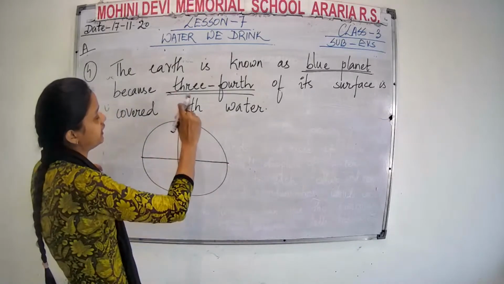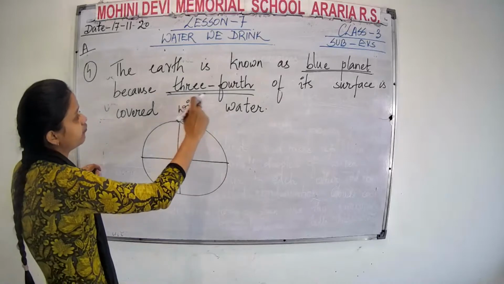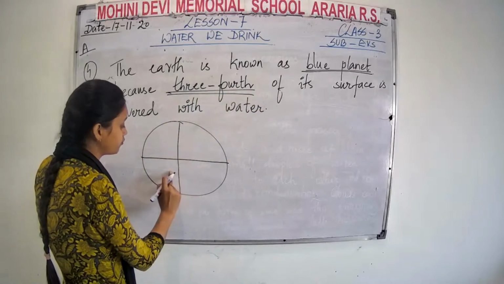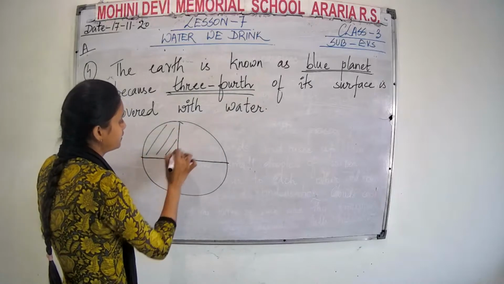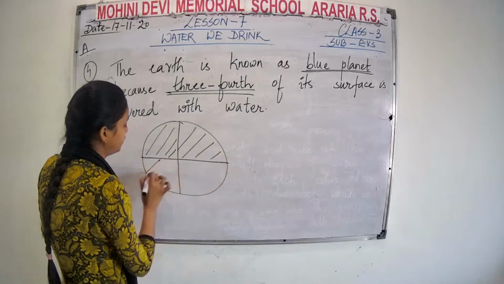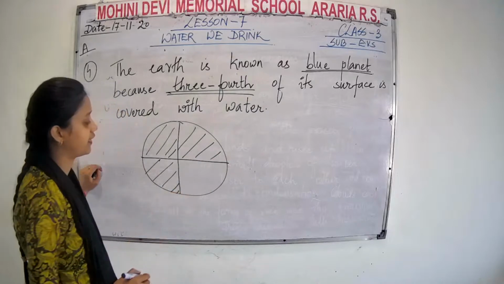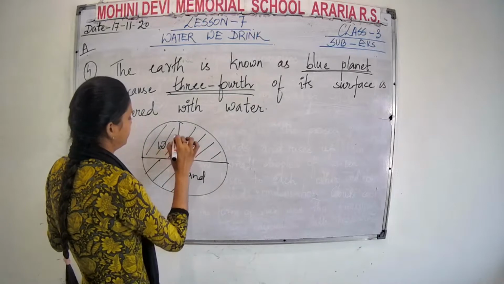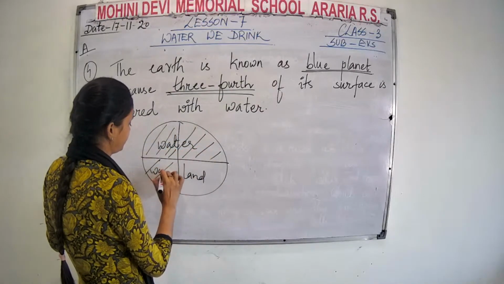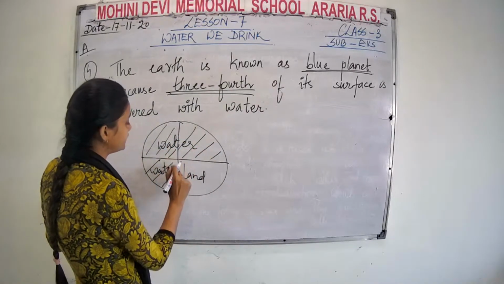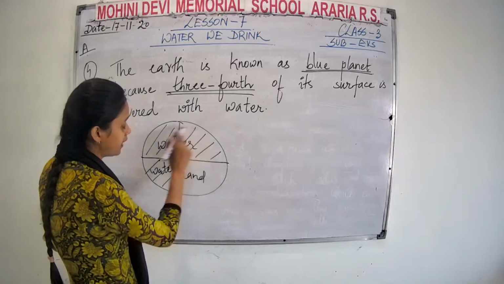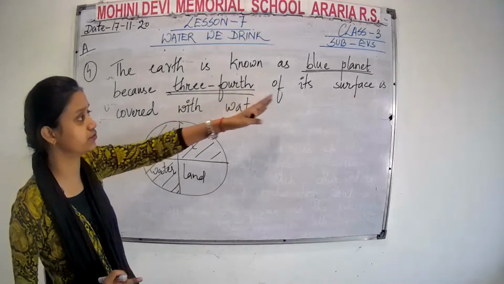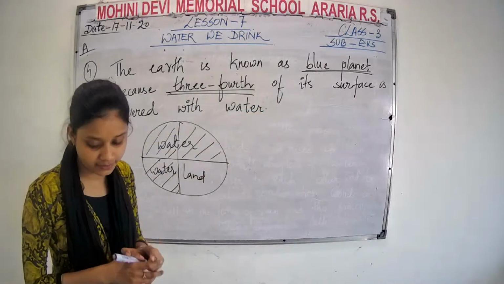So what the answer is saying is that three-fourth of its surface, it means out of four parts, three parts are covered with water. This is land, and this part is water. That is why three parts out of four parts is water, and that is why this is known as the blue planet.